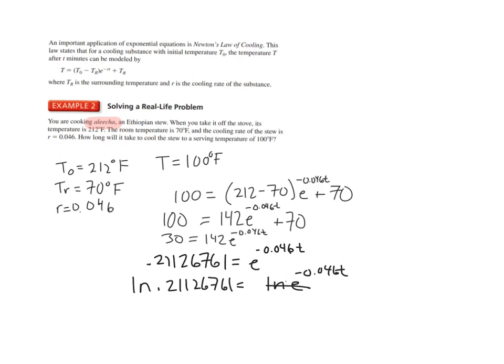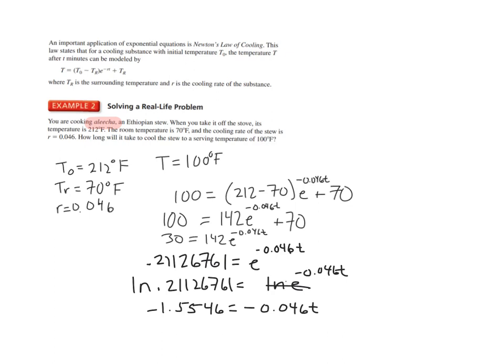And that gives me, it looks like a negative number, it gives me a negative 1.5546, okay? And that's equal to our negative 0.046 t because we simplified its base out.